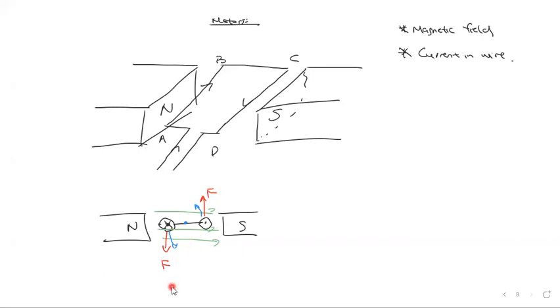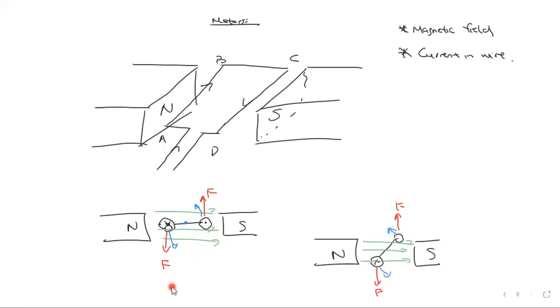Now, if it turns, you'll reach a situation where this is still pulling down, this is still pushing up. So that means while it is still going to turn, the effect is going to decrease.